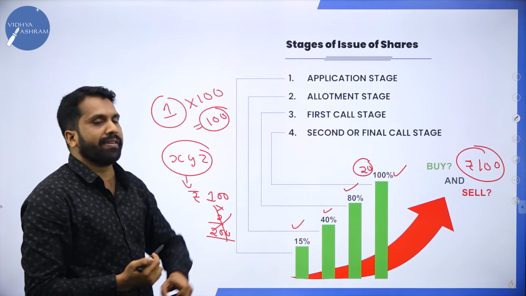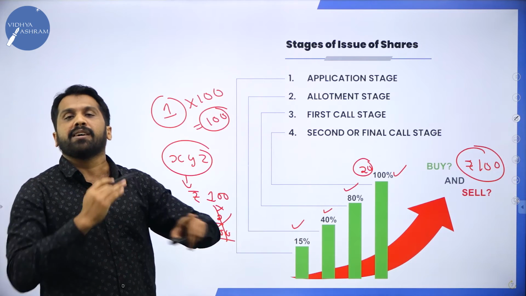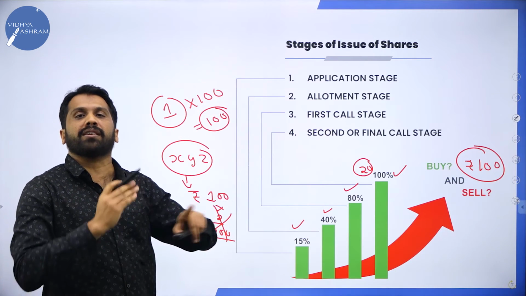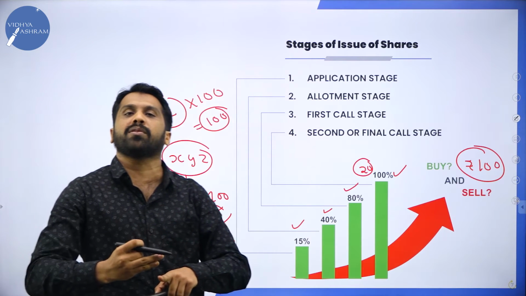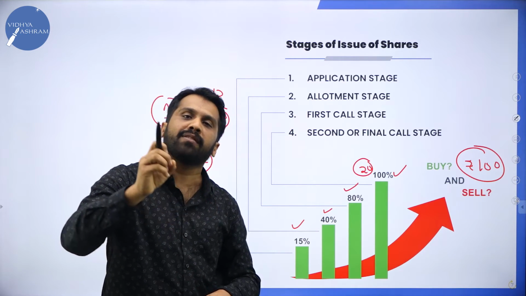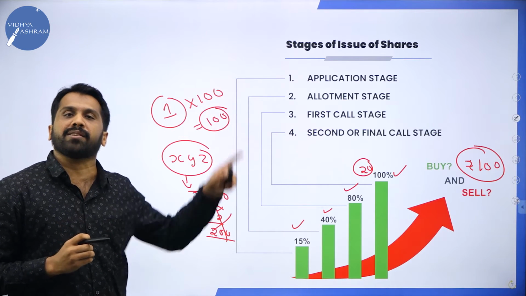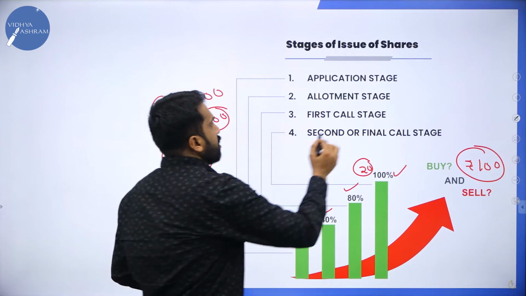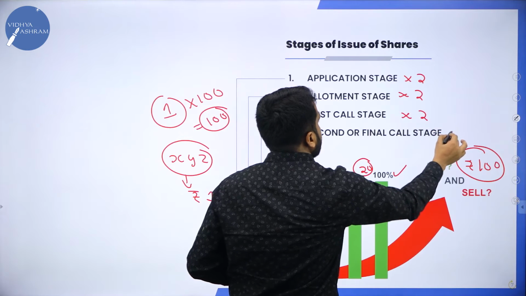These kinds of calculations will be done for the first-time purchase of shares. From the next time, we can go for direct payment. These are the stages we have to follow at the time of purchase of shares. Now, you will have journal entries on each stage. You will have 2 journal entries each.